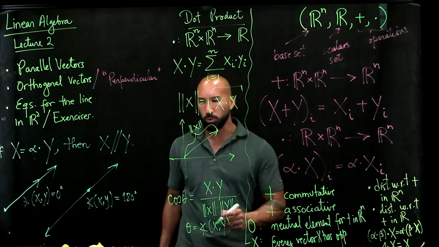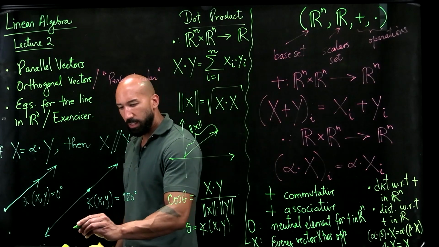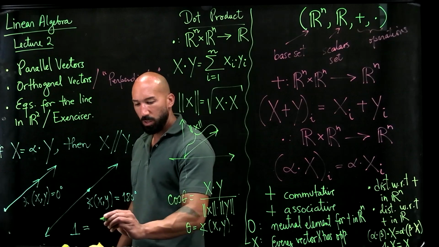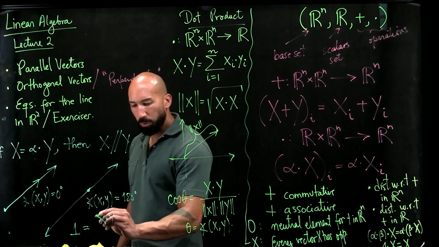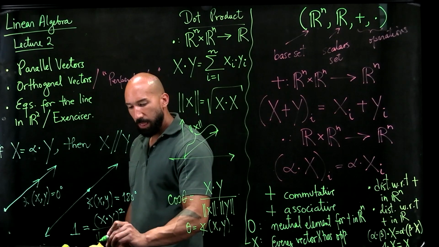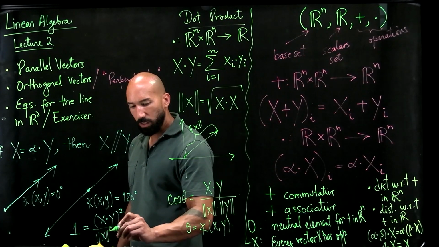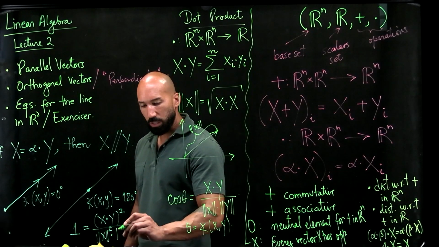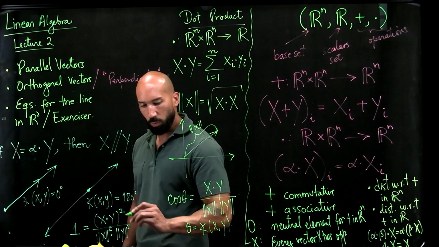If I raise this to the second power, we get that 1 is equal to (x dot product y) squared divided by the square of the magnitude of x times the square of the magnitude of y.